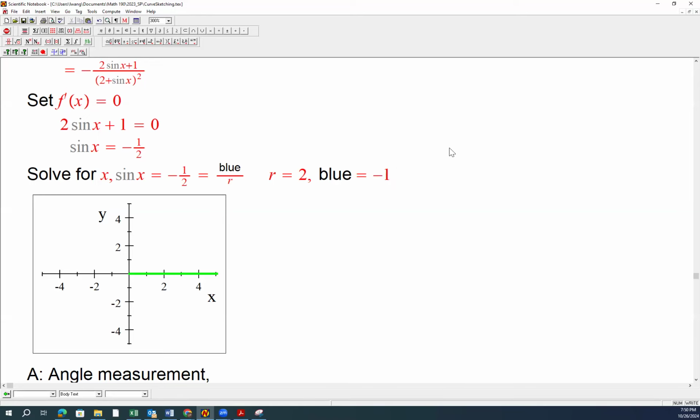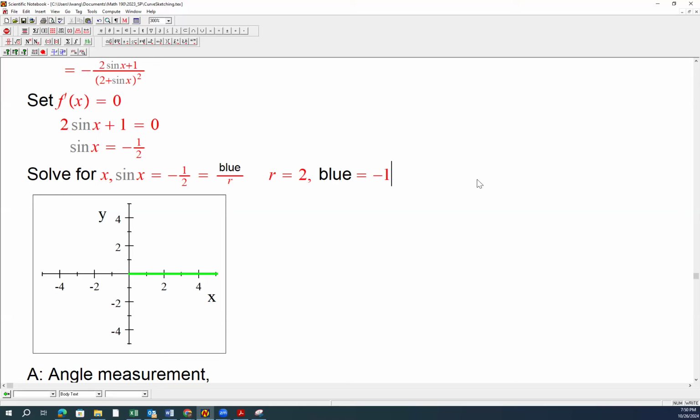So we just apply the definition. The question is, how many cases could there be where R equals 2 and blue equals -1? If blue is -1, what is red?